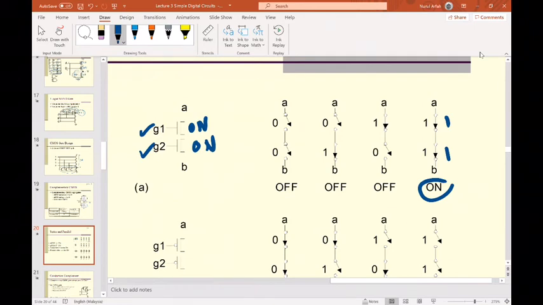And then you have the other 3 conditions. If, let's say, one of the states is off, like this one off and this one off, then the output will not be flowing to 0. Okay, so it means both will be turned off.